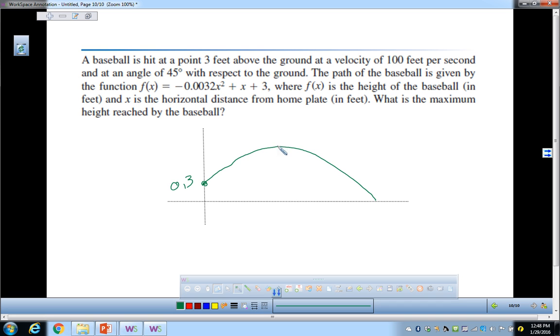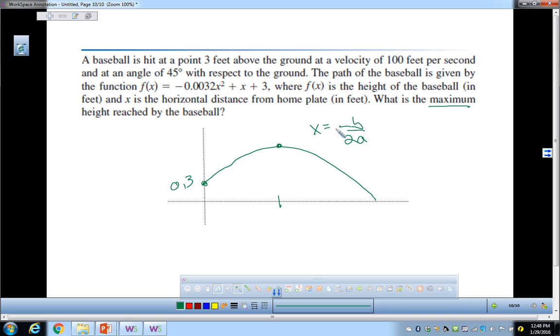So you want to find where f of x is the height of the baseball. What is the maximum height? So you're trying to find the y value right here. Most of you know how to do that with your calculators, but algebraically, you're going to do negative b over 2a to find the x value.